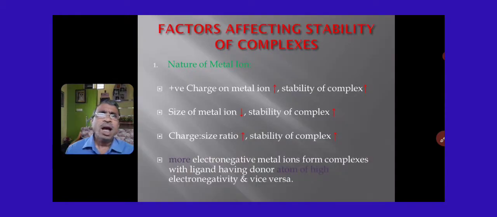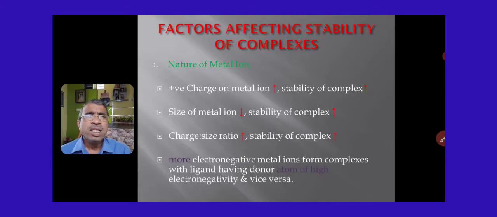Now, here I have shown a slide on the factors affecting the stability of complexes. Coming to the first one, the nature of the metal ion. The increase in charge on the metal ion increases stability of complex.